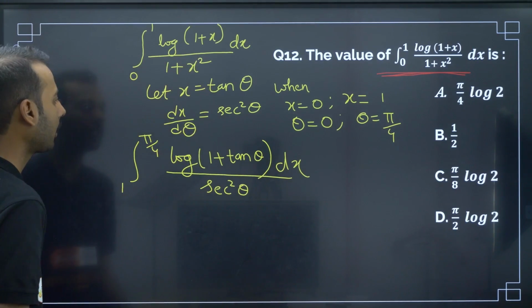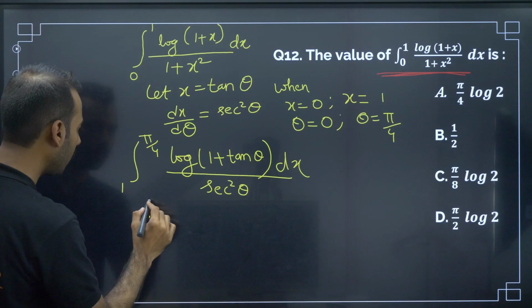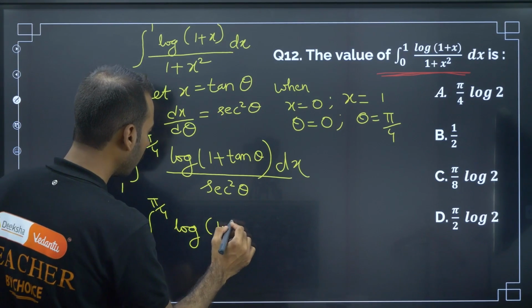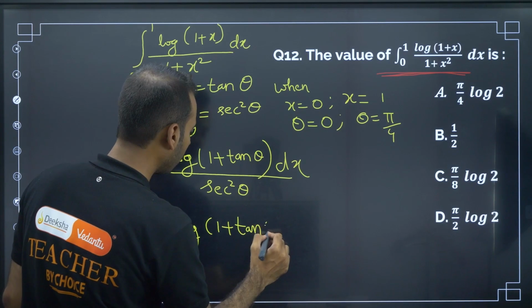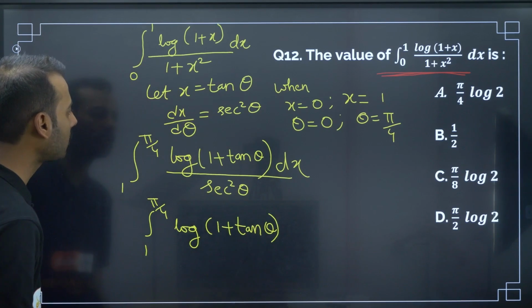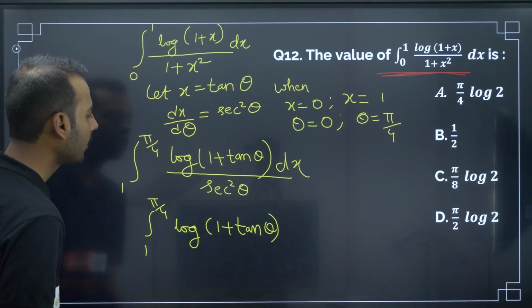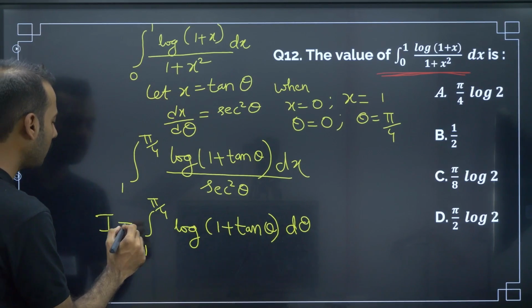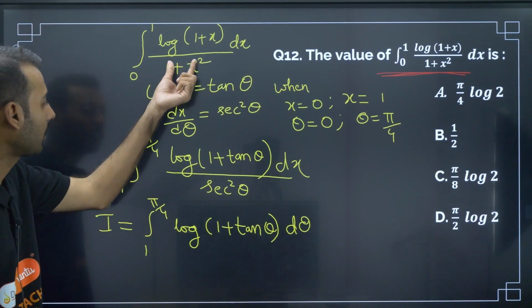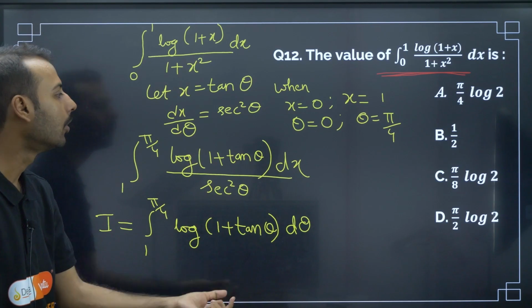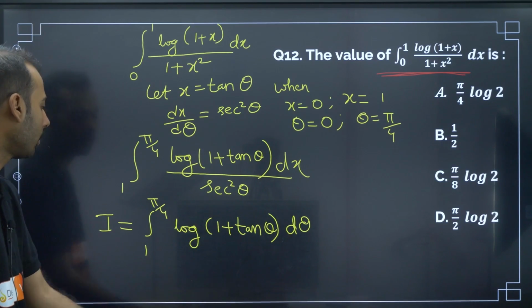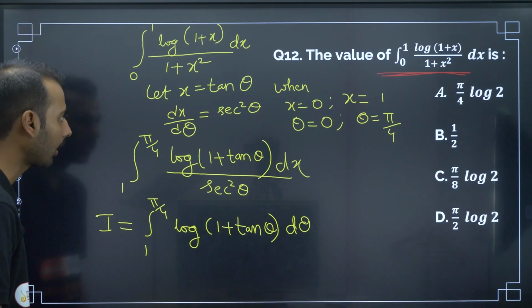So dx by secant square theta is d theta, 0 to pi by 4, log of 1 plus tan theta d theta. So I is equal to, this same expression has been transformed to this form. The reason why we are transforming, you will get to know. Obviously for simplification purpose we are doing like this.